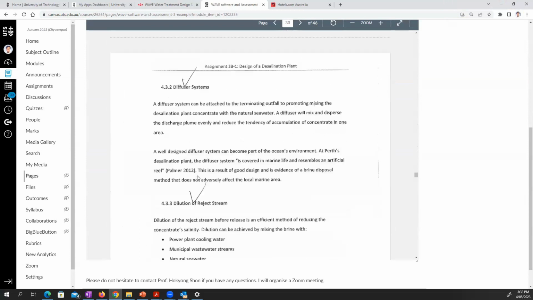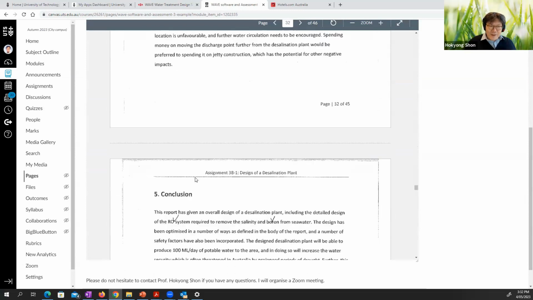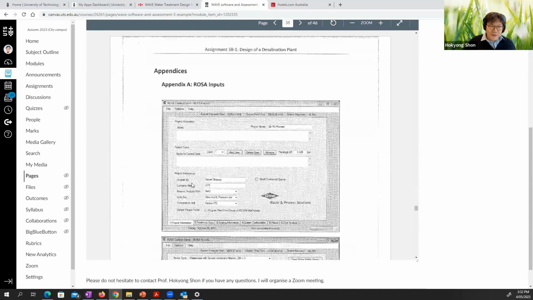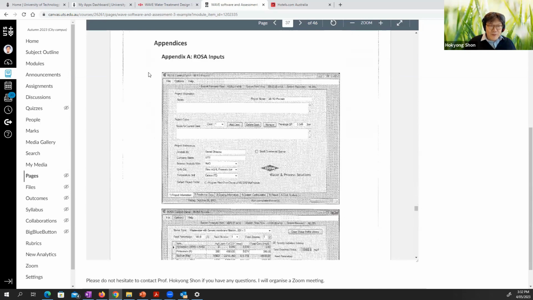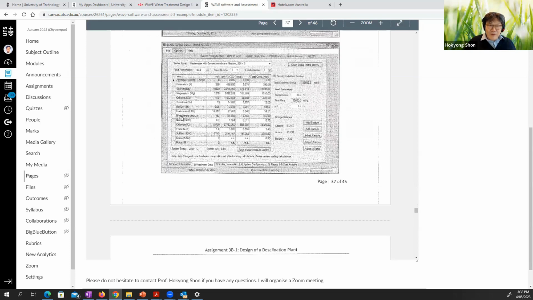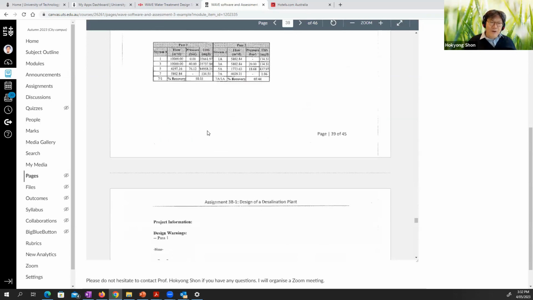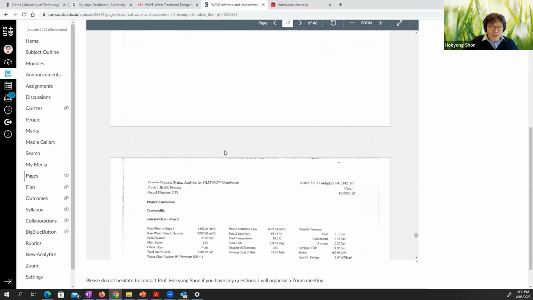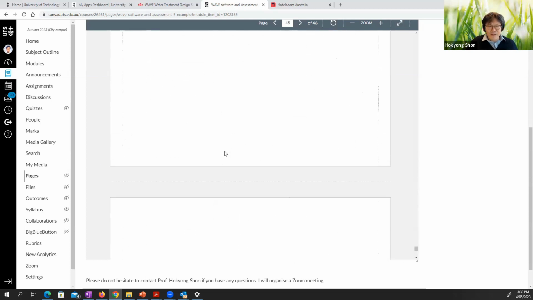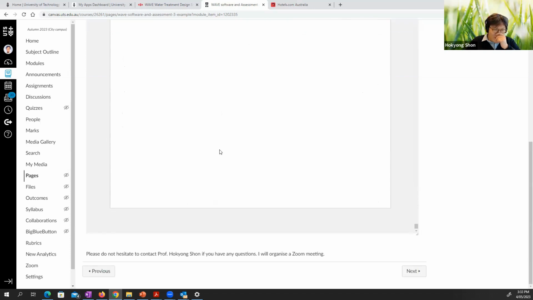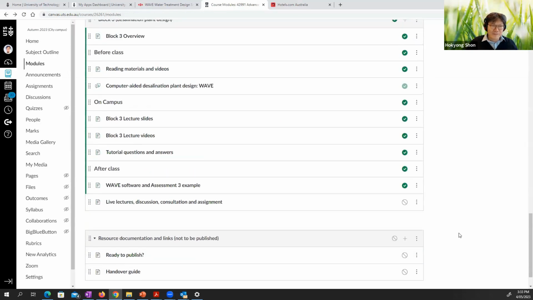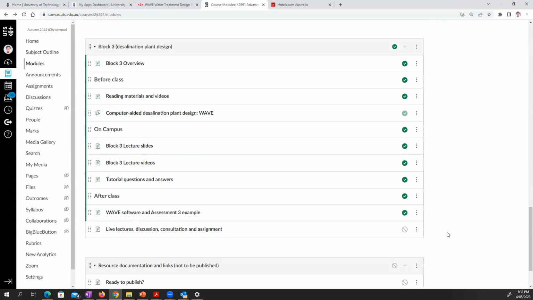You can see his report and how I commented on it. Also, he tried to use the appendix, because this is one of the appendices of the software. So this is just one example. You can think about how you can improve from your assignment 3. Okay, thank you.